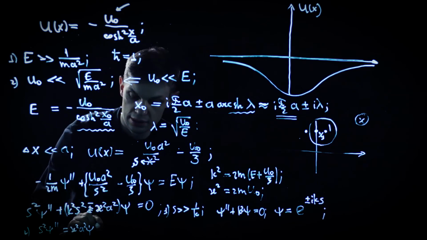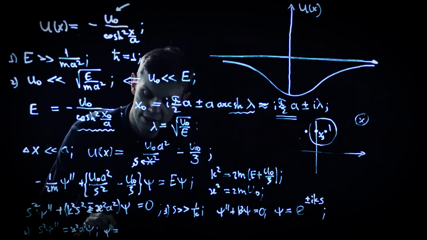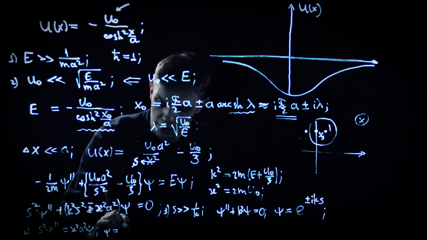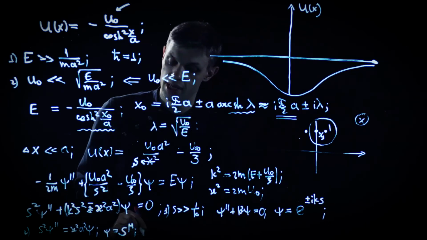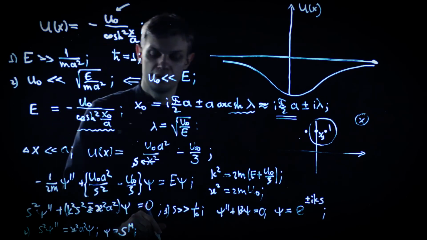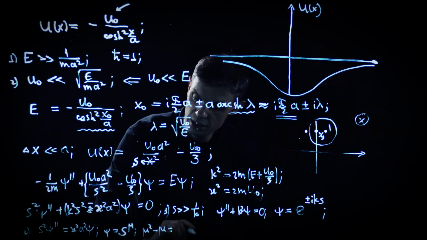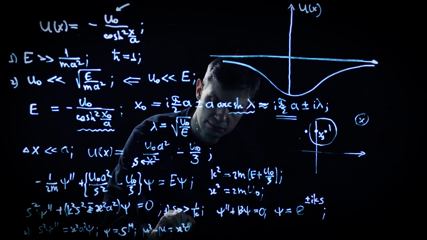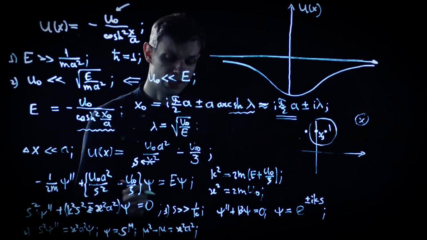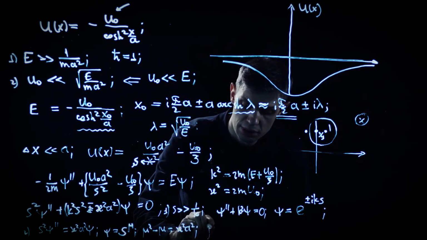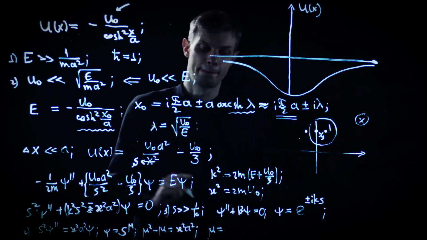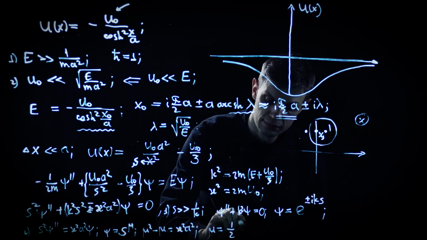And again, this equation has a simple solution which can be thought of in the following ansatz. And now we may write the equation on this mu. It's mu squared minus mu equals kappa squared a squared. And as a result, mu equals 1/2.